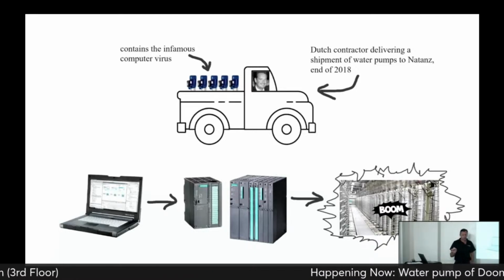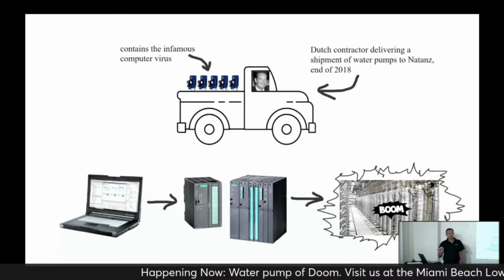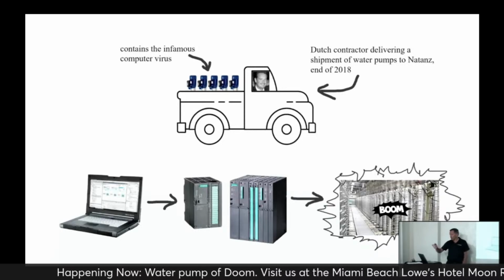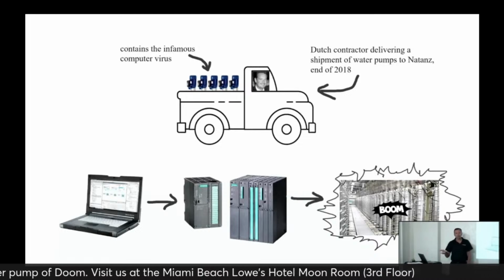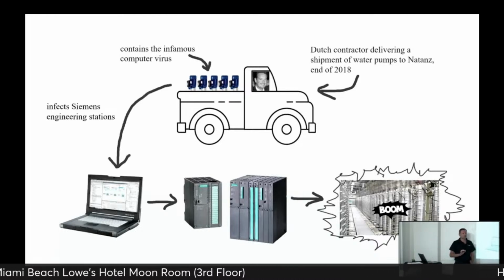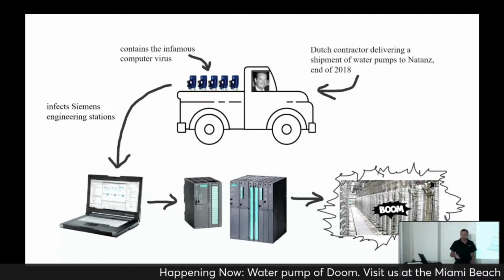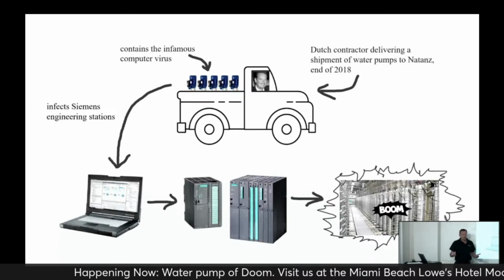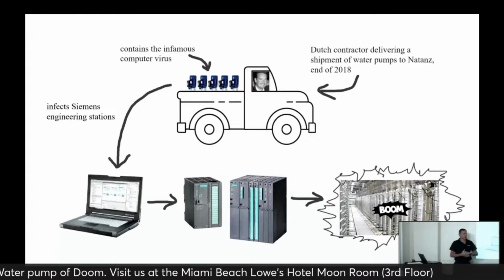That is what we know from the forensics, okay? Now we need to piece together how the virus from the pump could jump onto that engineering station. How is that possible? Any ideas? Remote? Wait, I don't know. Difficult, right? It's tough when you think about this. Any other ideas?